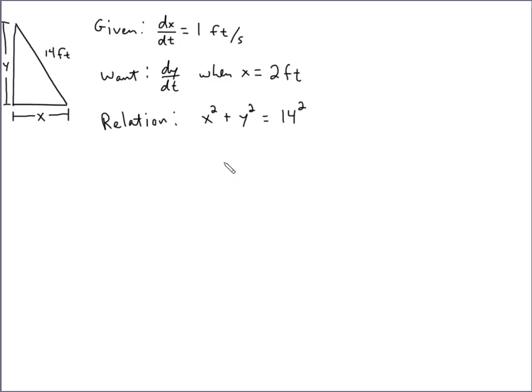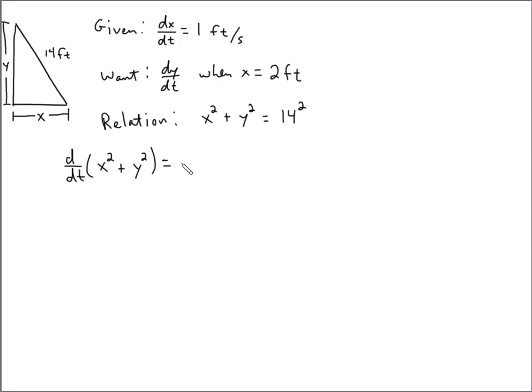Next step, we want to somehow get both dx/dt and dy/dt into this relation. The way we do that is we take the derivative of both sides with respect to time, d/dt. We have to remember that both x and y are functions of time, so we have to use the chain rule for both of them.